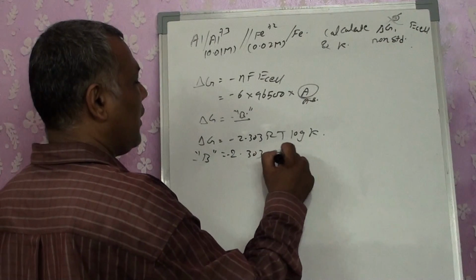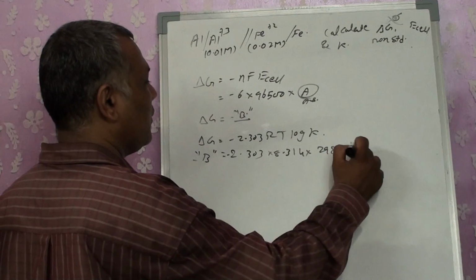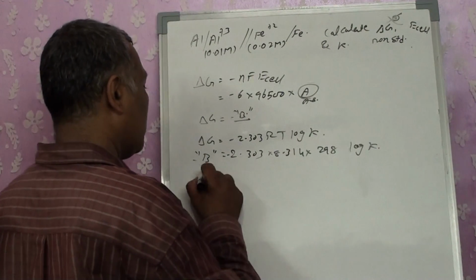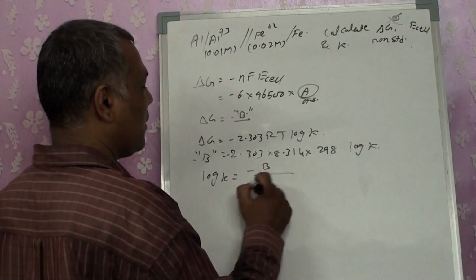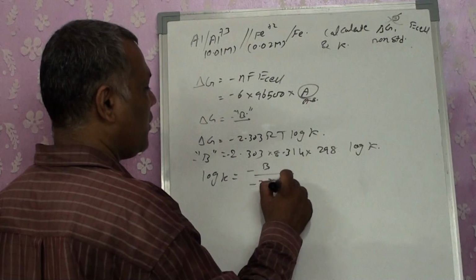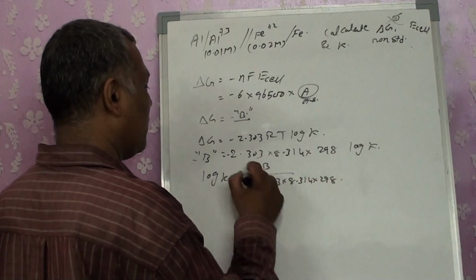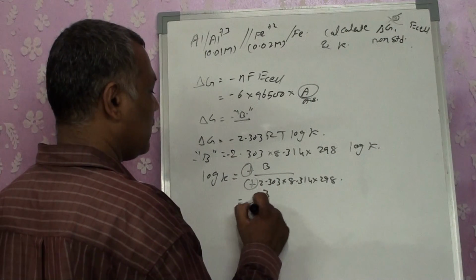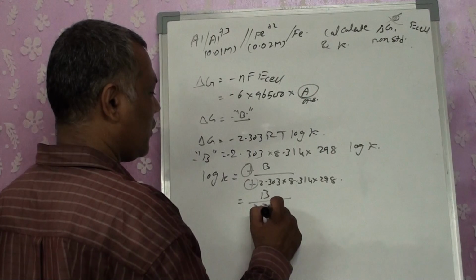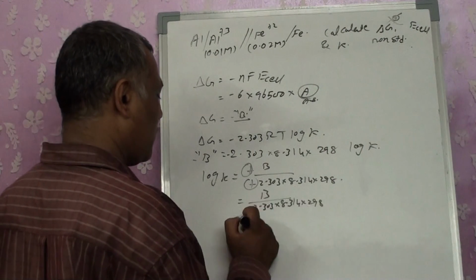R is 8.314, T is 298 Kelvin, log K. So log K is equal to minus B upon minus 2.303 times 8.314 times 298. The minus sign will cancel out, so we get B upon 2.303 times 8.314 times 298.